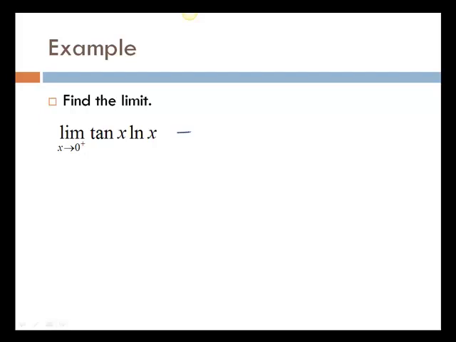If you take this limit, tangent of 0 is 0. And then we already talked about the limit as x approaches 0 from the right for the natural log of x. That's going to be infinity. So this is this indeterminate form.